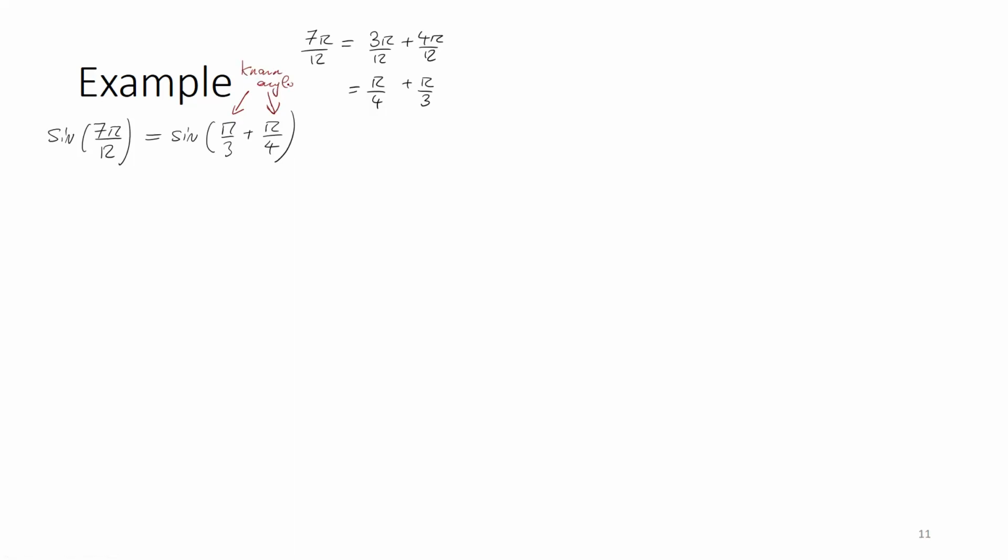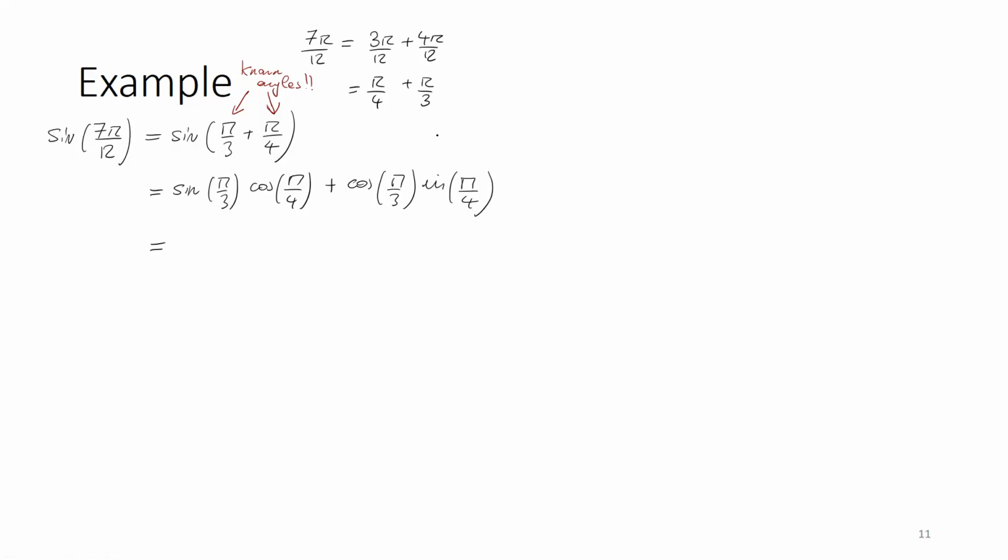I know what the sine and the cosine of that is. So now I can apply my addition subtraction formula, and I get sine pi over 3 cosine pi over 4 plus cosine pi over 3 sine pi over 4.